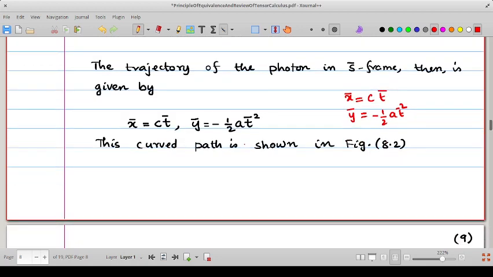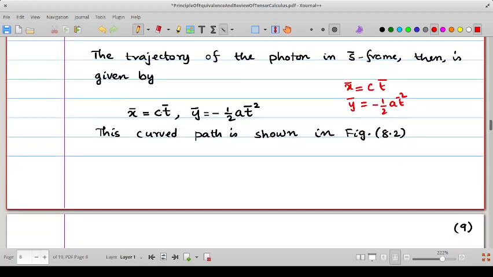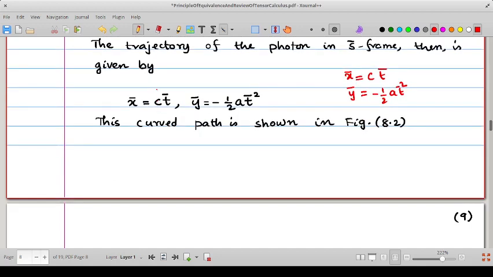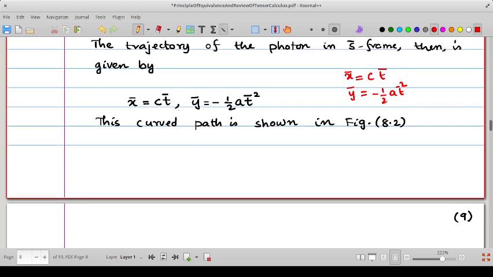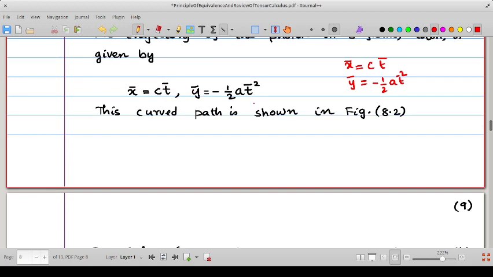So in the frame S bar, the coordinates of any event on the trajectory of the light is given by x bar is equal to c t bar and y bar is equal to minus half a t bar square.